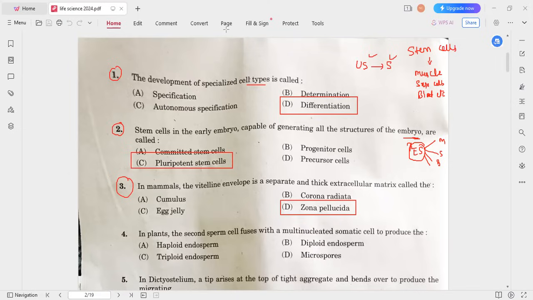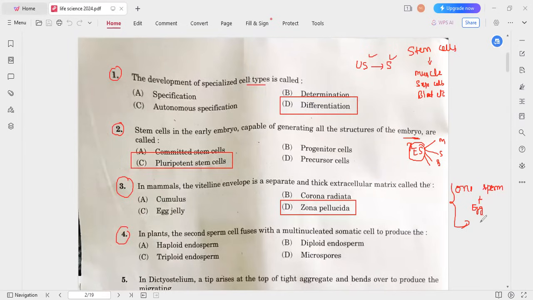Now move on to question number 4. In plants, the second sperm cell fuses with a multinucleated somatic cell to produce what? Usually in normal conditions in plants, one sperm cell fuses with an egg, which forms a zygote.